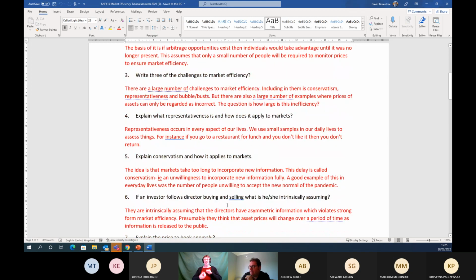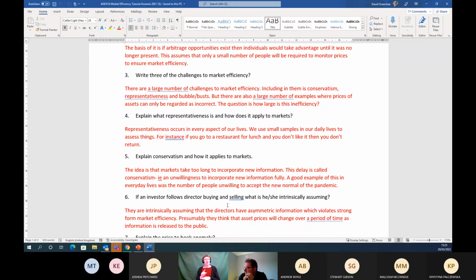Conservatism, on the other hand, is this idea that markets are slow to incorporate new information. And this delay is called conservatism. So perhaps with the impact of COVID, there may be a delay in the market fully showing the full impacts of COVID back in 2020.